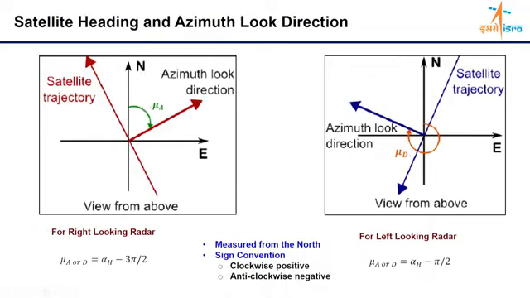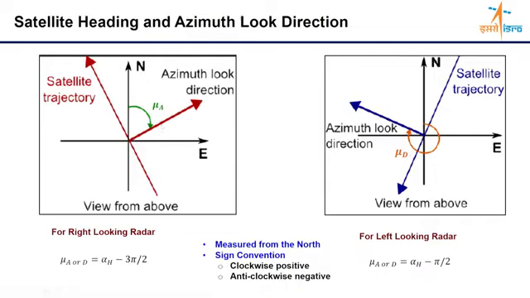Okay, so keep in mind, if you are mentioning in the positive sign, then you are basically measuring this angle. Okay, another way of measuring this angle is if you are measuring anti-clockwise, so from here to here, this is also called the azimuth look direction.